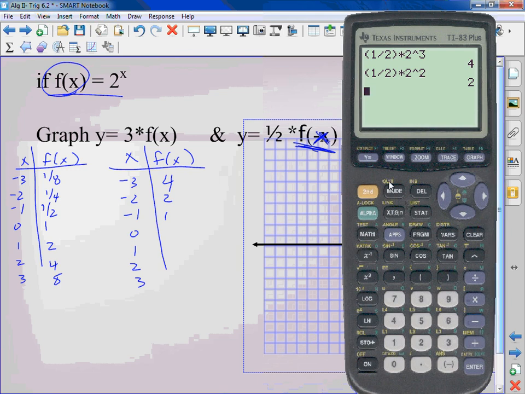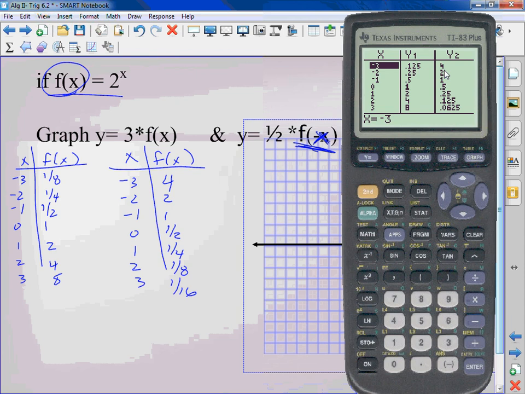At 0, it's half, because 2 to the 0 is 1 times 1/2. So that's 1/2, 1/4, 1/8, 1/16. Which in my chart is 0.5, 0.25, there you go.